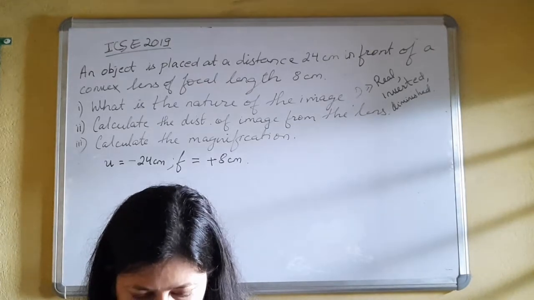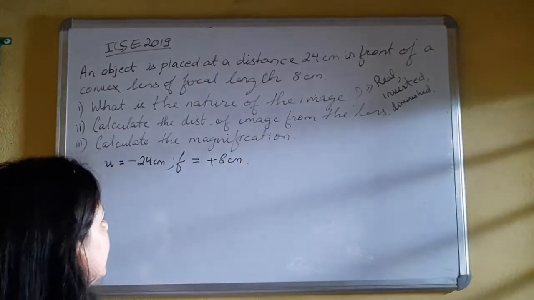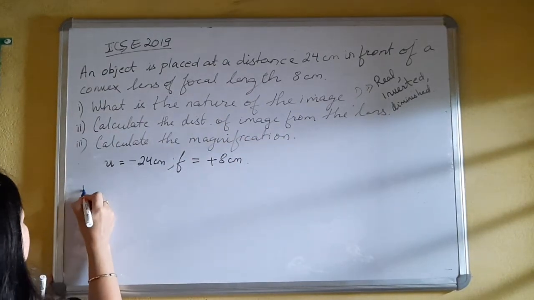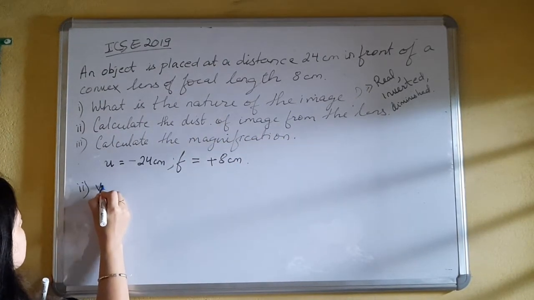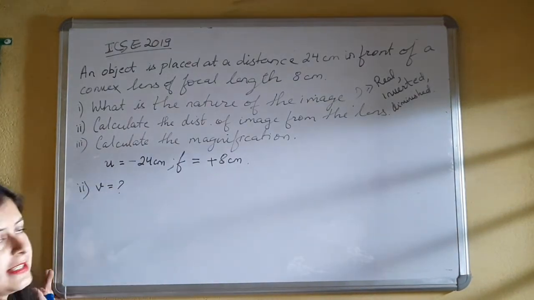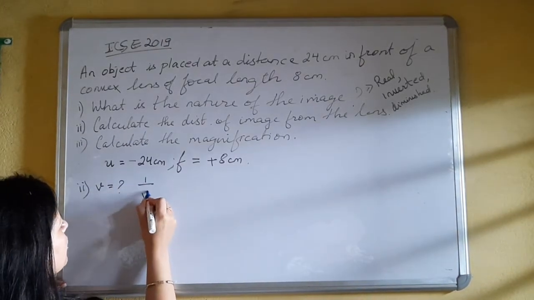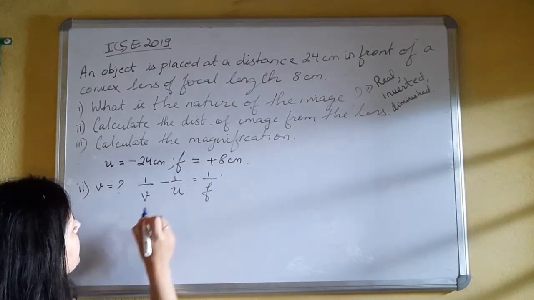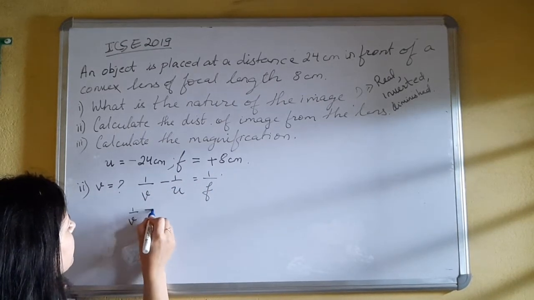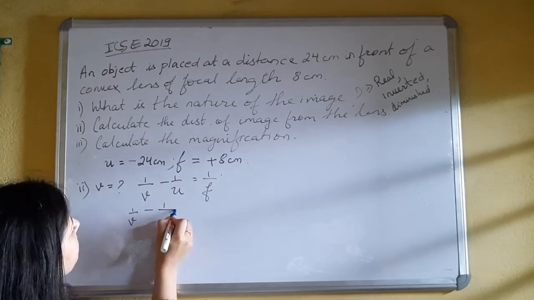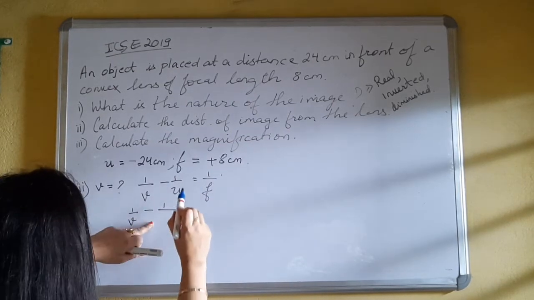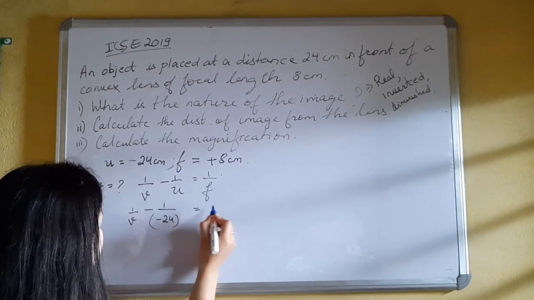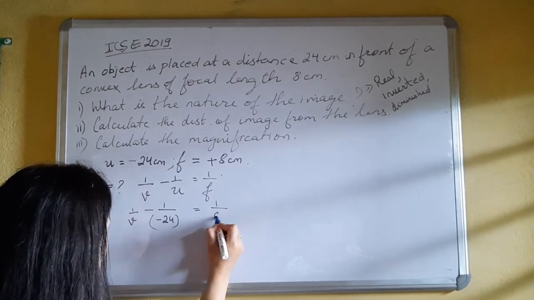Now, the second part, calculate the distance of the image from the lens. So, the distance of the image from the lens, that means the question has asked you to find out v. What will be v? Very easy, we can use the formula 1 by v minus 1 by u is equal to 1 by f. So, 1 by v minus 1 by u, u is minus 24, be careful here, is equal to 1 by plus 8, okay.